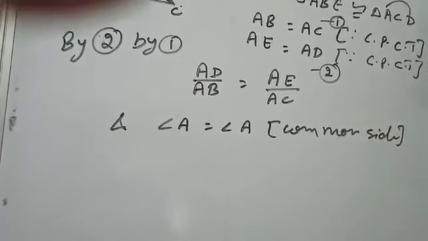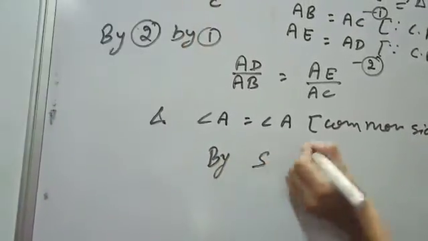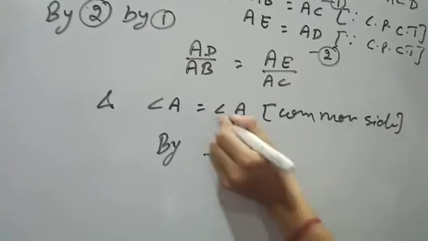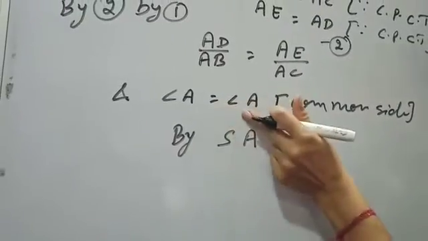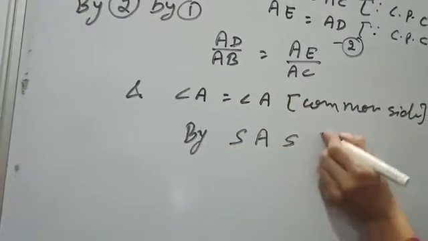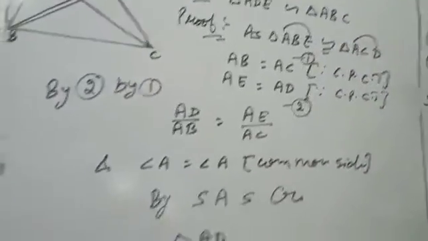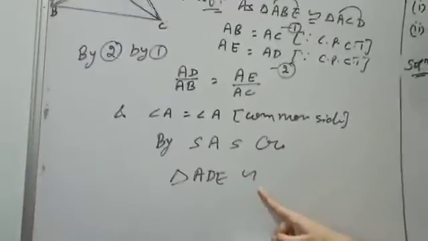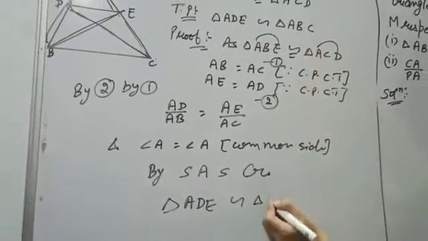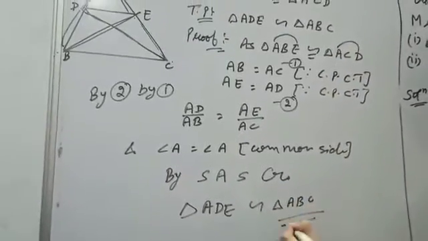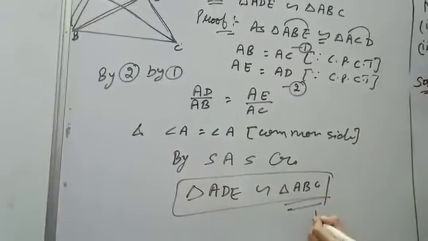So which criteria have we used? Two sides in ratio and one included angle, so by the side-angle-side criteria we can say triangle ADE is similar to triangle ABC, and this is hence proved.